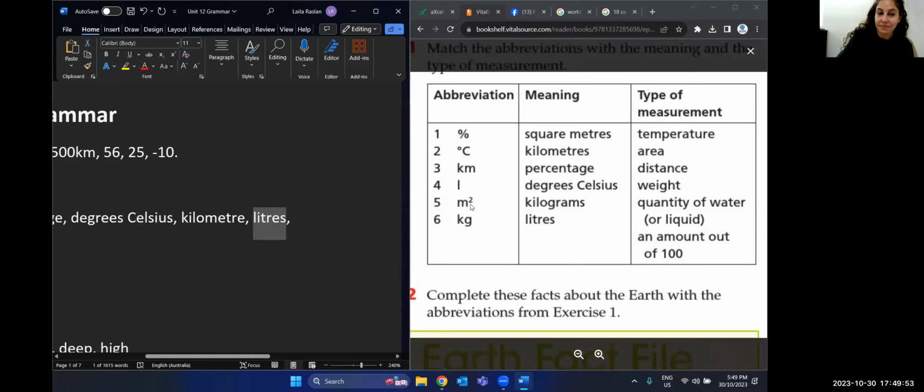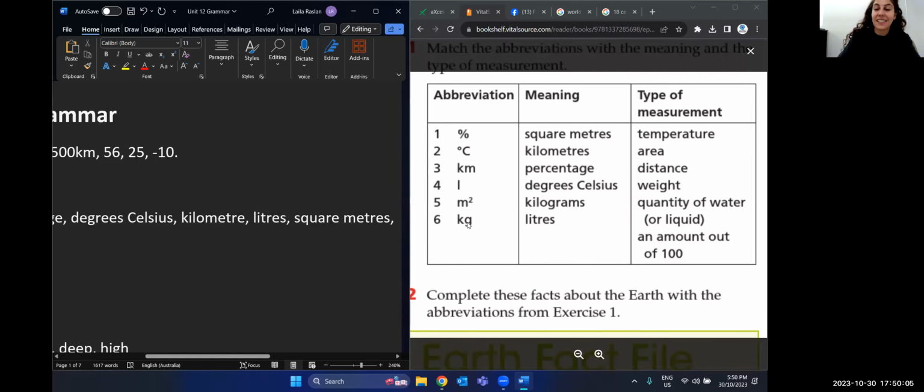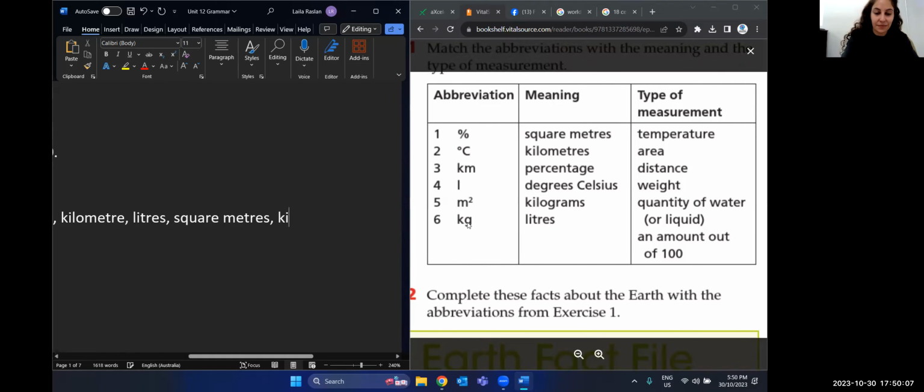And 5, square meters. And number 6, kilograms. So in Australia, that's how we weigh ourselves. We say, how many kilograms do you weigh?